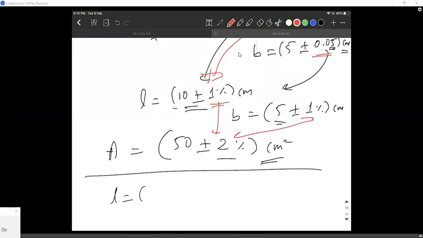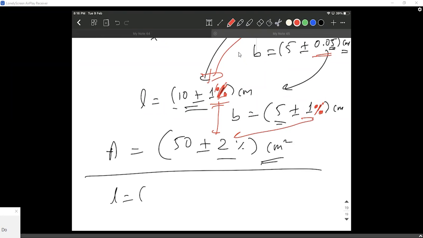You always have to have percentage errors only. Do you understand? It has to be percentage errors only. You cannot randomly use any other value. I hope you're understanding that bit.